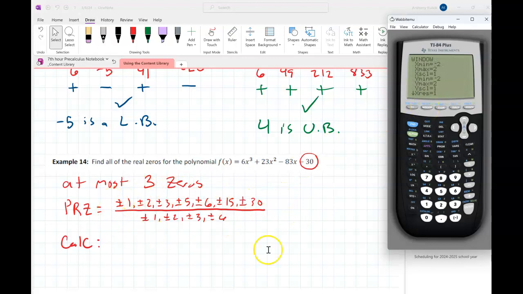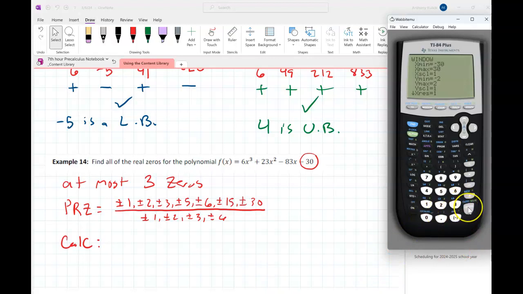So from my possible rational zeros list, what is the smallest number on that list? Nope. Remember, we have negatives. Not -1, -30. What's the biggest number on that list? +30.